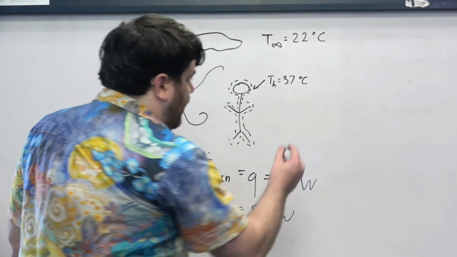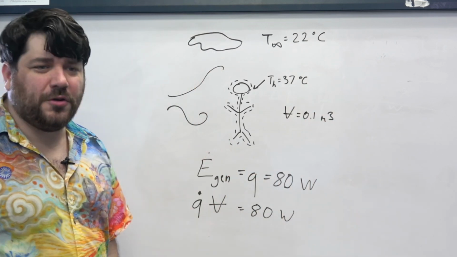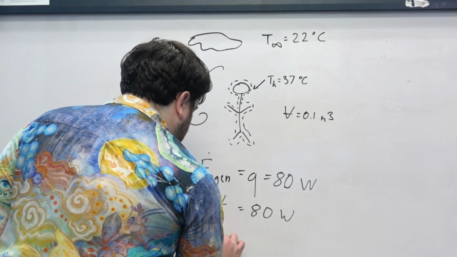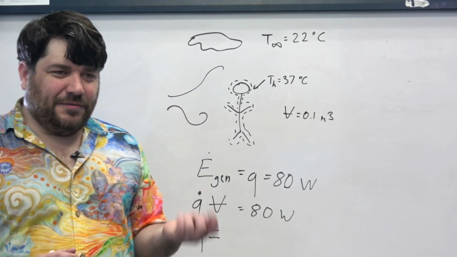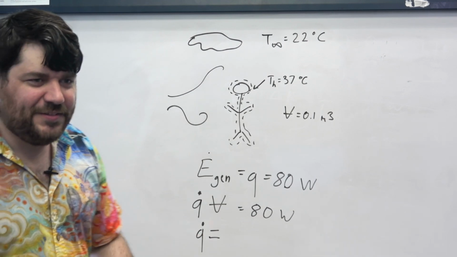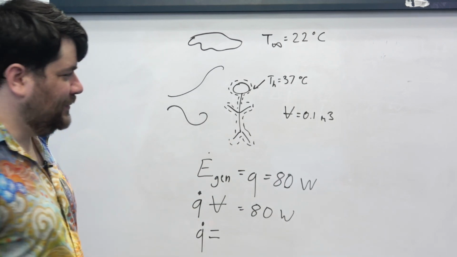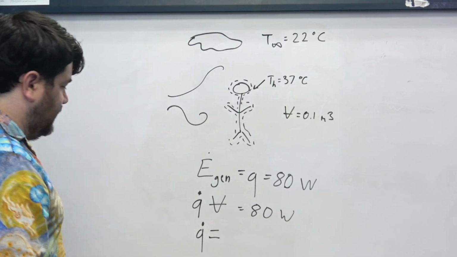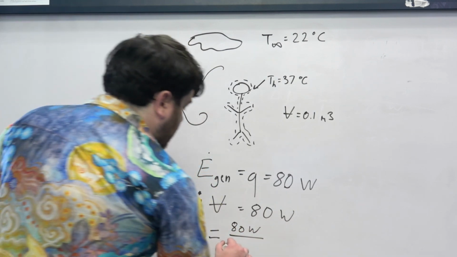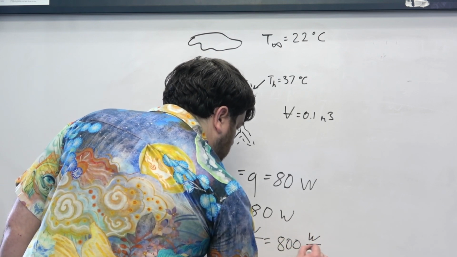And so by saying that the volume of the human body, as we stated before, was on the order of about 0.1 meters cubed, we obtain the Q dot, the amount of thermal energy per volume that our body needs to generate in every little piece of our body per second. This rate is just 80 watts divided by 0.1 meters cubed, which is 800 watts per meter cubed.